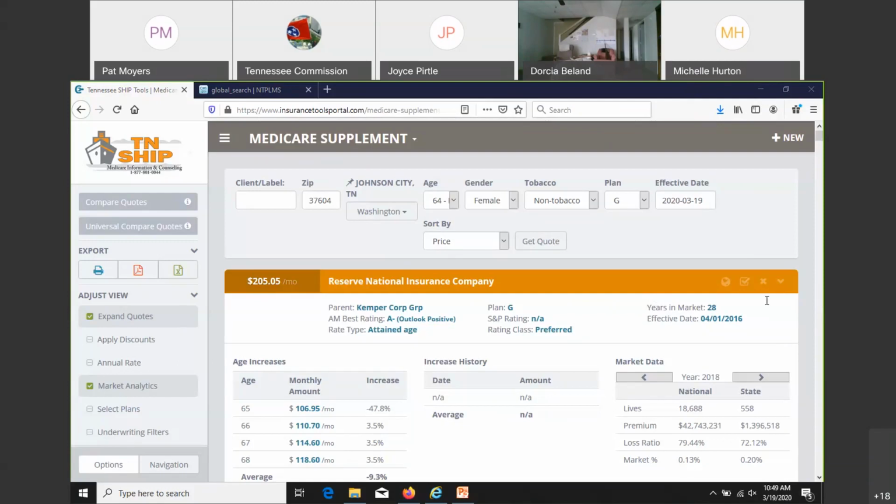Helen asks, are policy fees assessed annually or are they a one-time fee? My understanding, Helen, and as we all know, we do not have as much access into those Medigap policies as we do on prescription drug plans or Advantage plans. My understanding of that is that those fees are assessed annually.